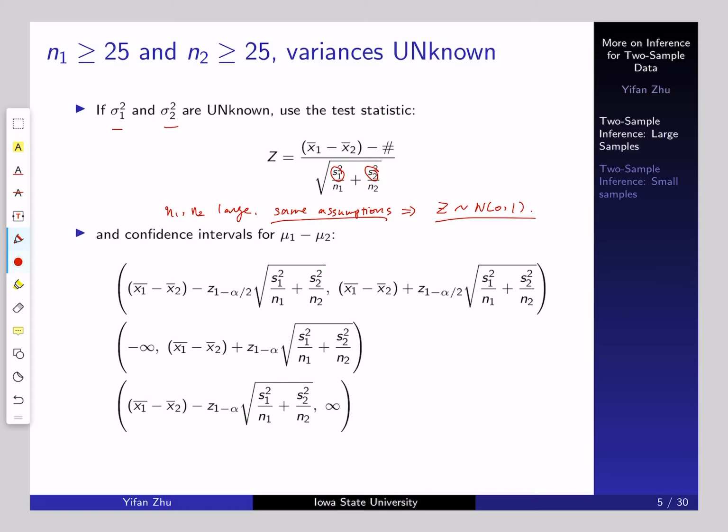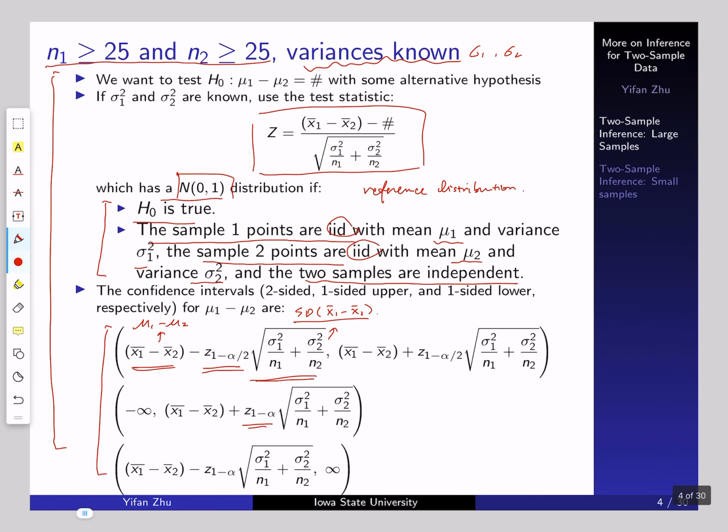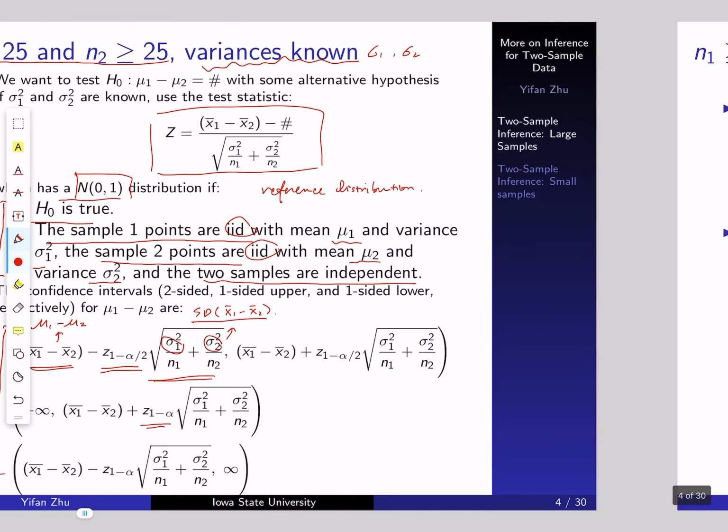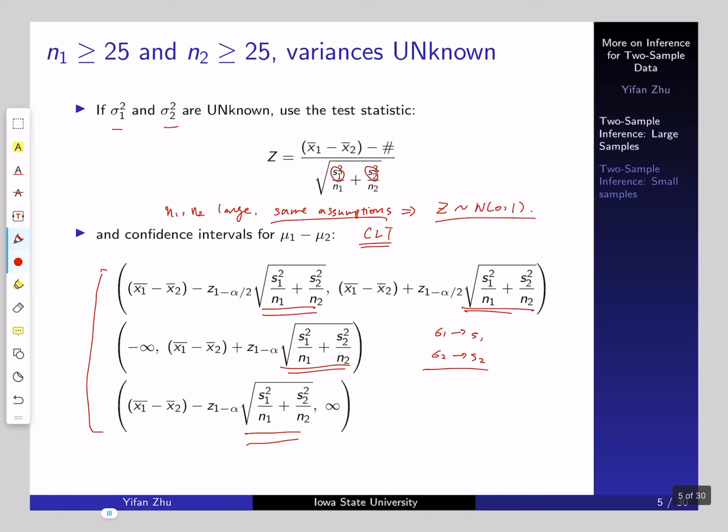So this is guaranteed by CLT, the central limit theorem. And these are the confidence intervals. So the only difference is here we replace sigma 1 and sigma 2 with S1 and S2.